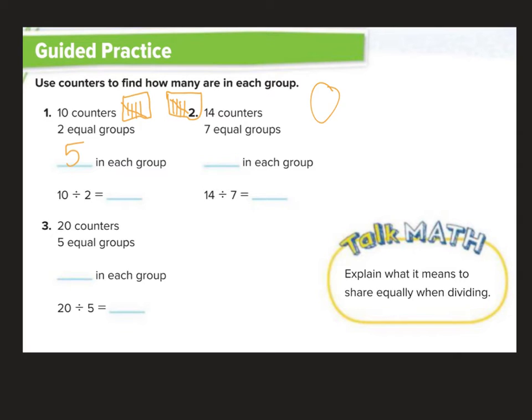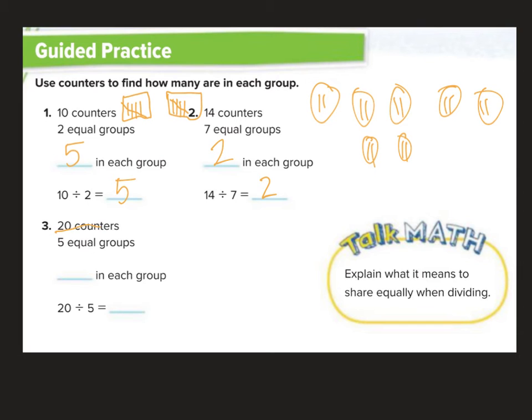Okay, 1, 2, 3, 4, 5, 6, 7. Okay. 1, 2, 3, 4, 5, 6, 7, 8, 9, 10, 11, 12, 13, 14. How many are in each group? There's 2 in each group. So 10 divided by 2 is 5, and 14 divided by 7 is 2.